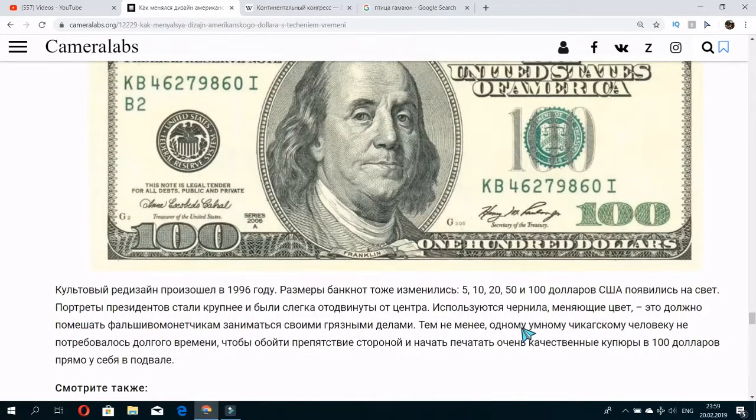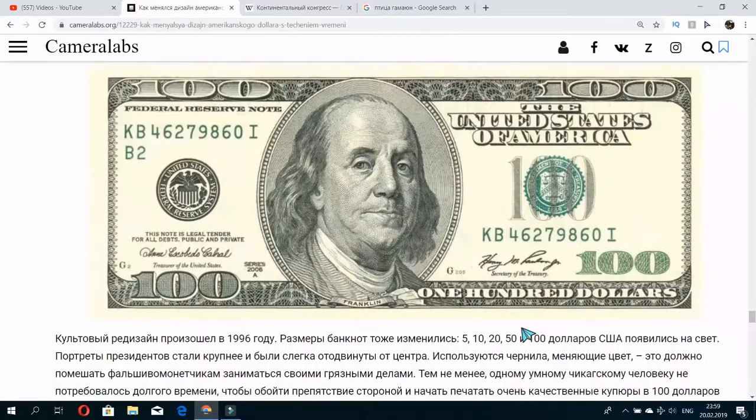So this redesign of the banknote was created in 1996. The banknotes also changed in the nominals of $5, $10, $20, $50, and $100.